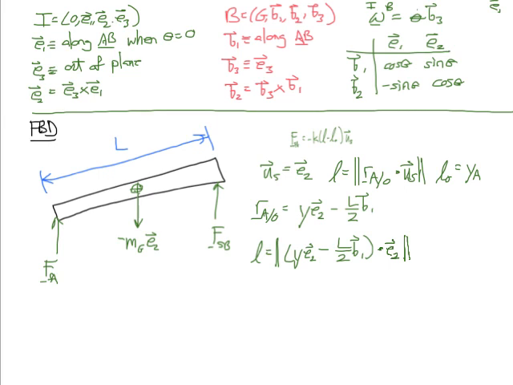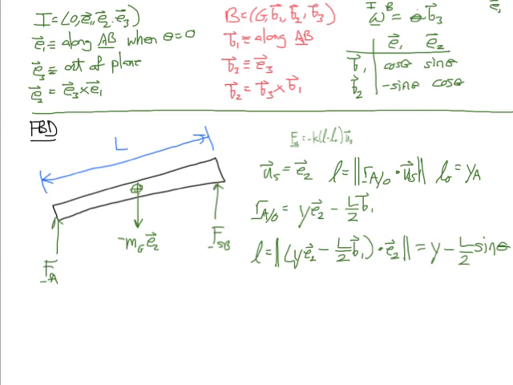And so in our dot product, we see that Y E2 dotted with E2 gives us Y, but then we have to do a dot product of L over 2 B1 with E2. And the easiest way to do that is by looking at the transformation table, where we have B1 dotted with E2 is equal to sine theta. So this becomes our magnitude minus L over 2 sine theta.